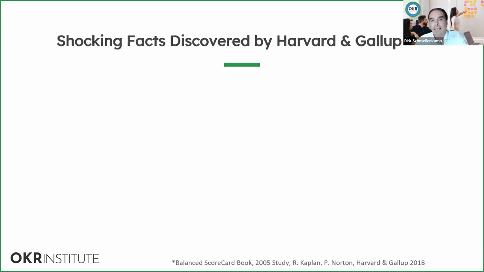A couple of facts about OKRs. There was a study conducted by Harvard and Gallup in 2018. I have to mention this study was conducted in the US, but from my experience, the study results are the same in other countries. I want to showcase why the OKR framework is so important.